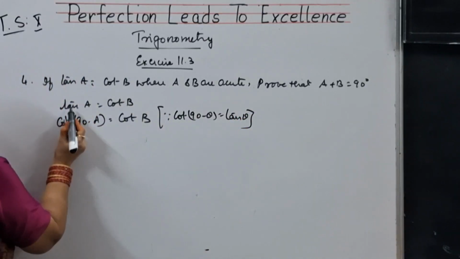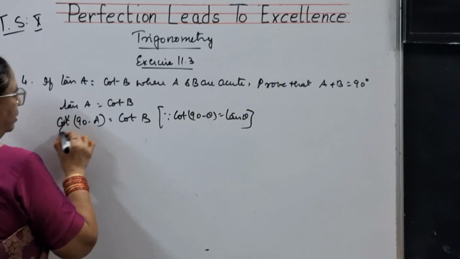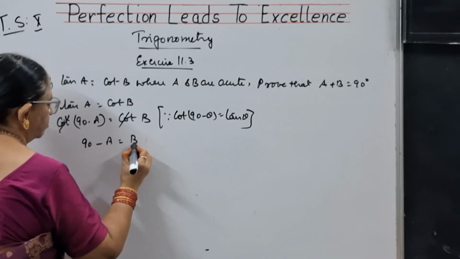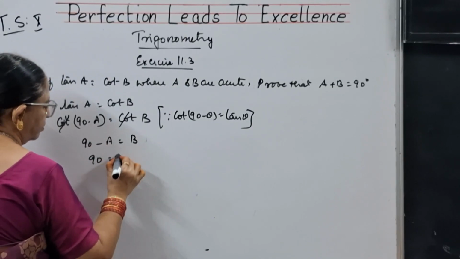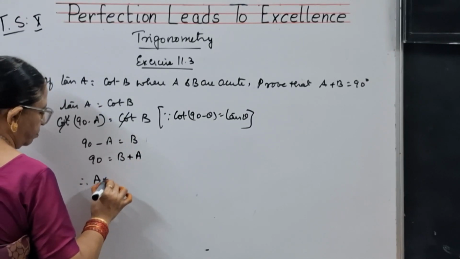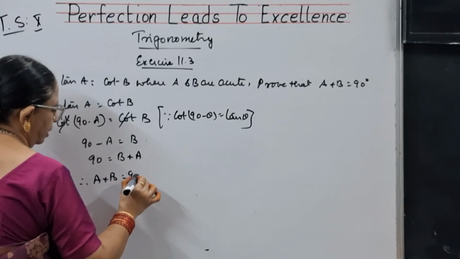Basing on this, I have converted tan into cot. Cancel these two. 90 minus A is equal to B. That means 90 is equal to B plus A. Therefore, A plus B is equal to 90 degrees.